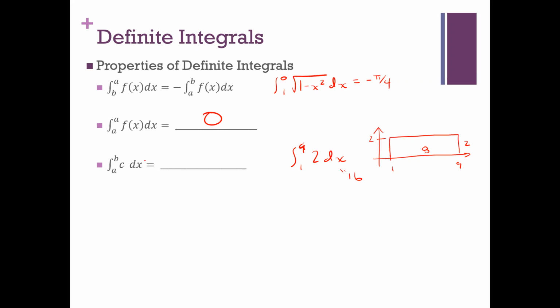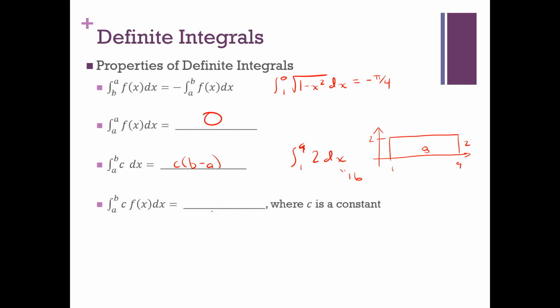If I'm integrating over an interval of some constant, what's that going to come out to be? Yeah, it's just the height, which is C, times the length of the full interval, which is B minus A. Moving on.